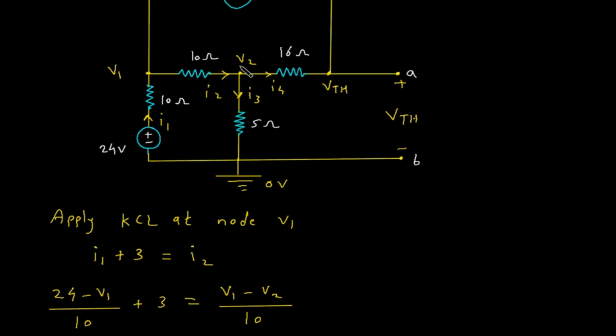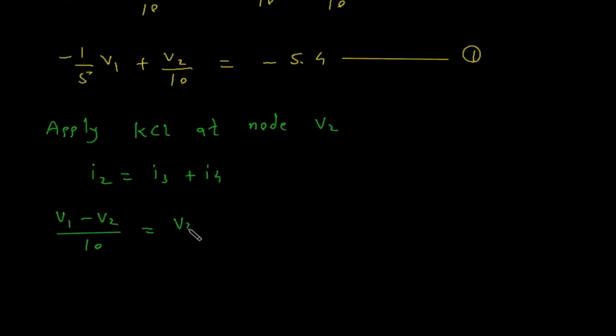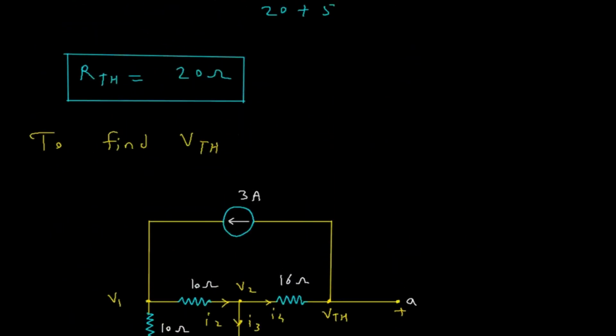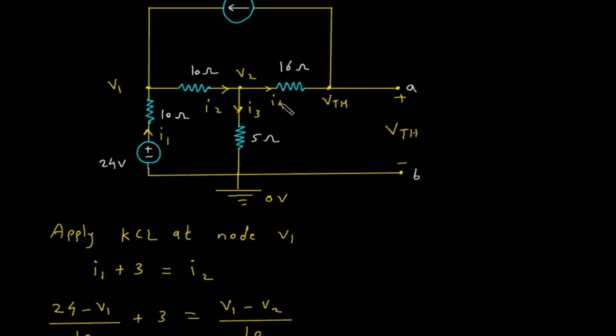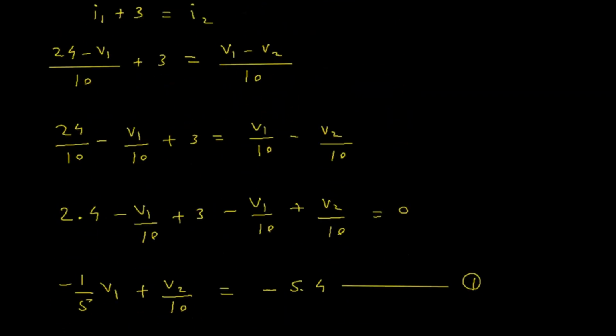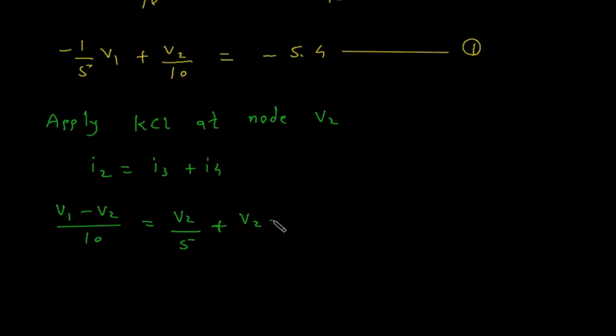I3 is V2 minus 0 by 5, and I4 is V2 minus VTH by 16.